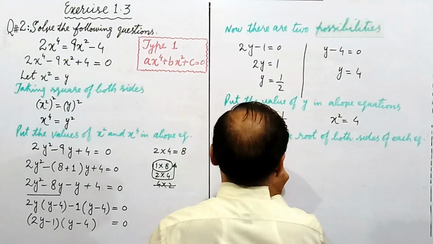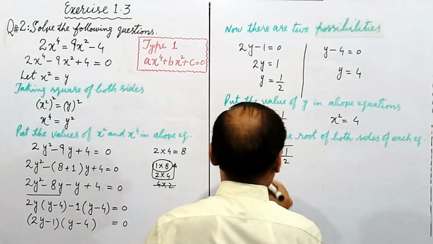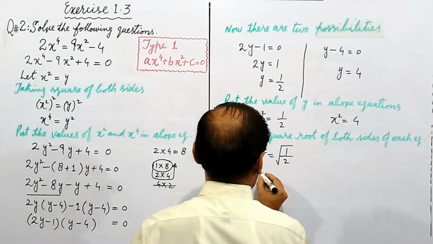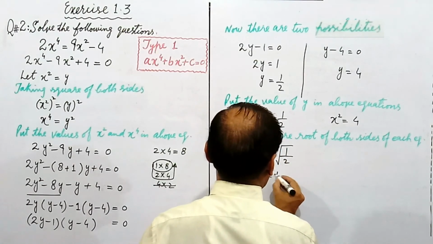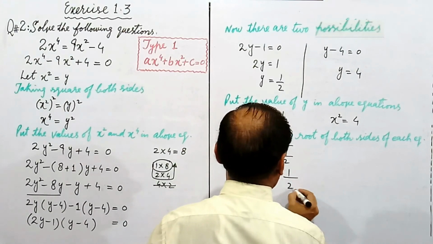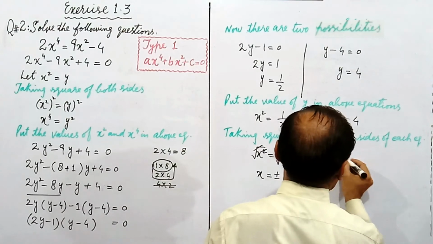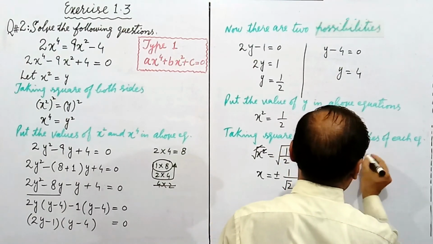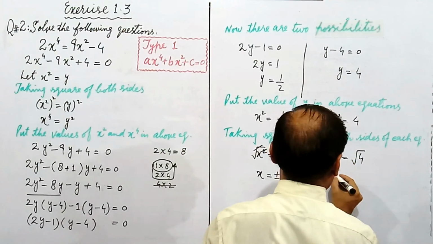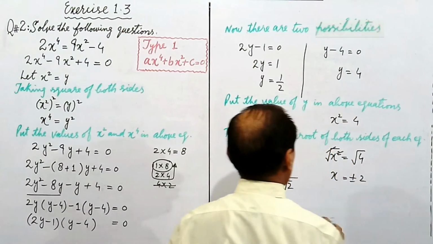We have x square under root is equal to 1 over 2 under root. The square is cancelled by square root. We have x is equal to plus minus, the square root of 1 is 1 and square root of 2 is square root 2. Square root of x square is equal to square root of 4. Square is cancelled by square root. x is equal to plus minus 2, as the square root of 4 is 2.